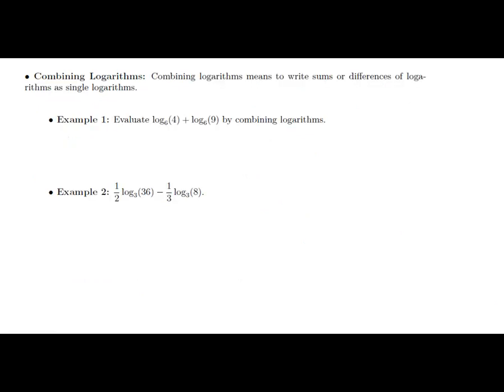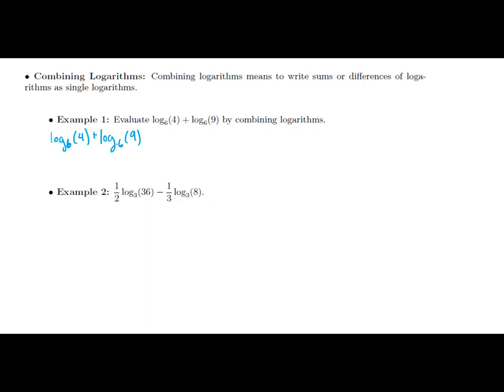So one of the things that we'll do with these properties is use them to combine logarithms into single logarithms. All right. So if I take example 1 here, the log base 6 of 4 plus the log base 6 of 9. Sorry, this should be a 6 here.